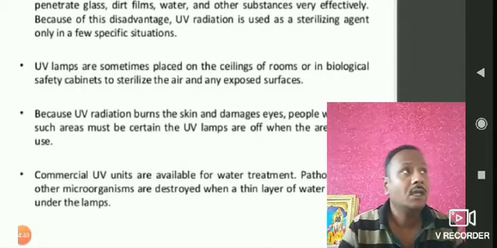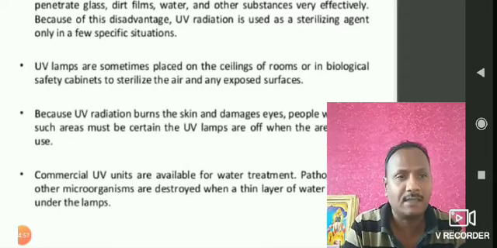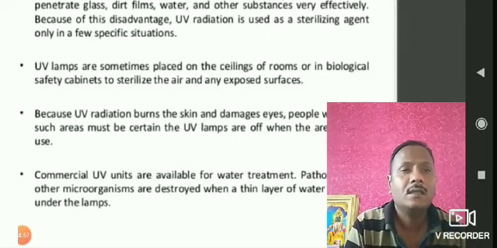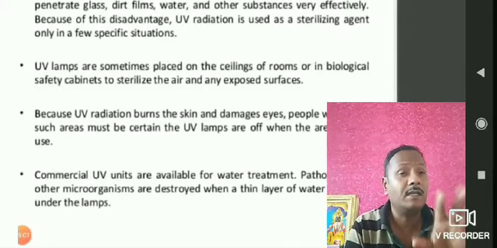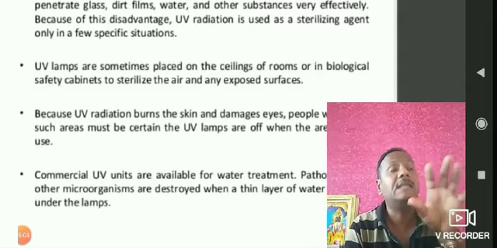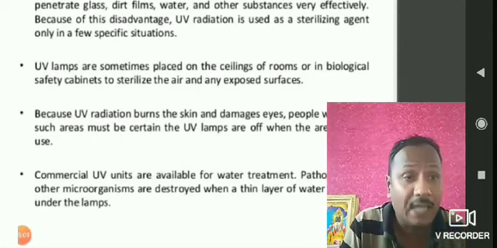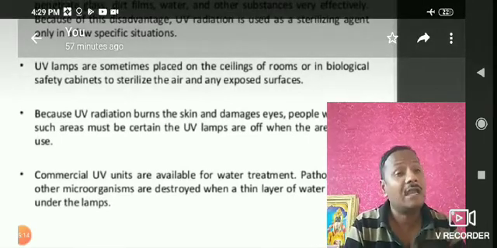Inside the room or hall, the surfaces of the materials are sterilized, but UV is also very harmful to humans or any living things, because it damages the DNA, and due to the damage of DNA there is the formation of thymine dimers. That's why it is very important to avoid ultraviolet light.